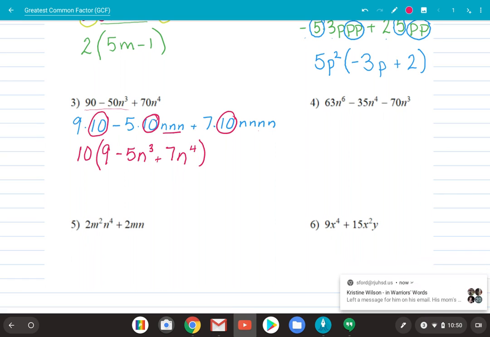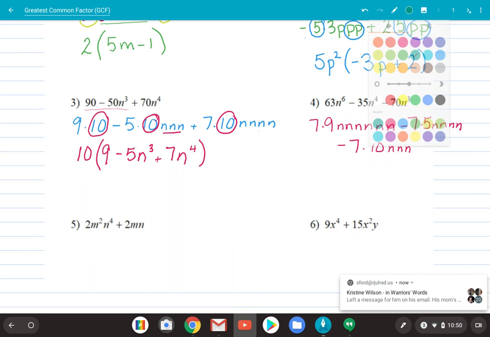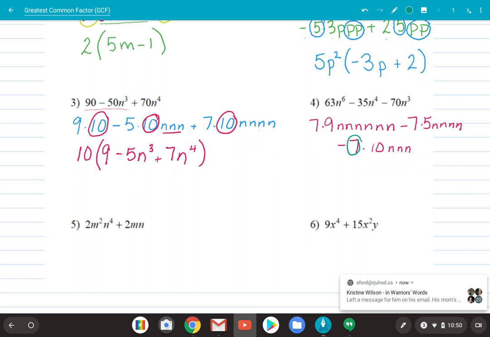Okay, so we're going to divide all these by 7's. So 7 times 9 and 6 n's. Yes, that's a lot of n's, but we can do it. Minus 7 times 5, which is 35, 4 n's. Minus 7 times 10, 3 n's. Circle what you have in common. I know they all have 7's. Don't worry about negatives. We're not going to deal with it.